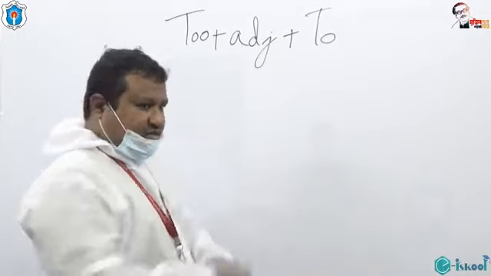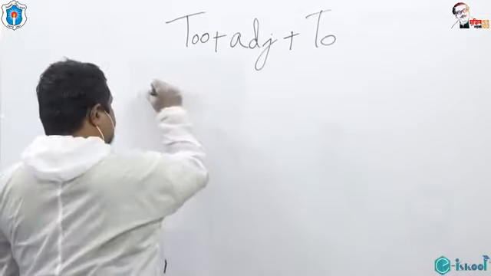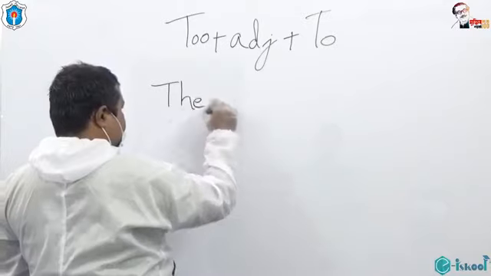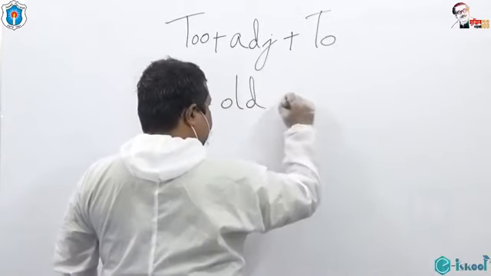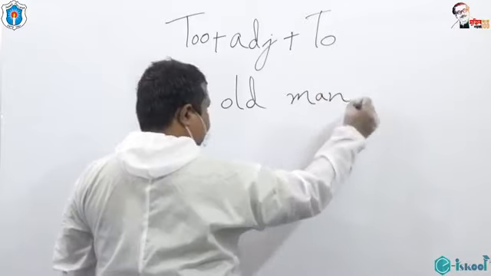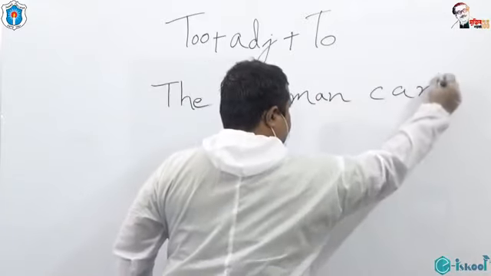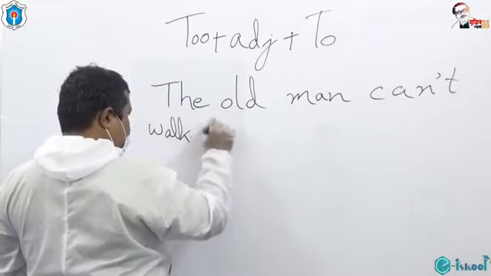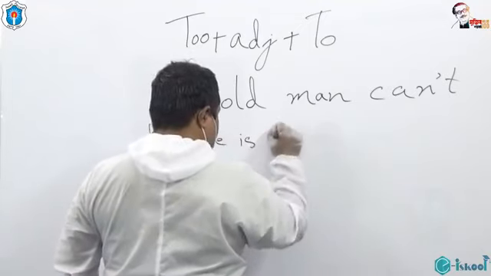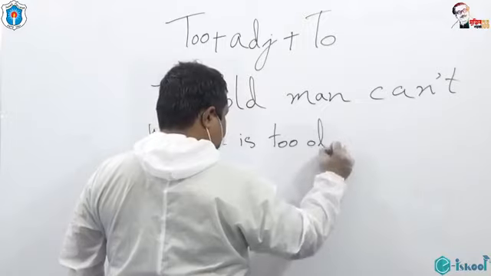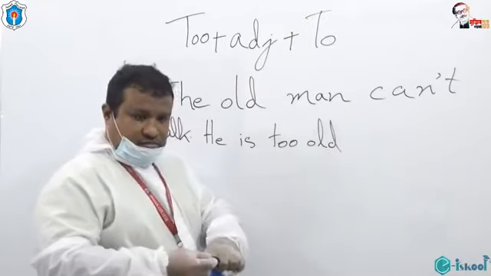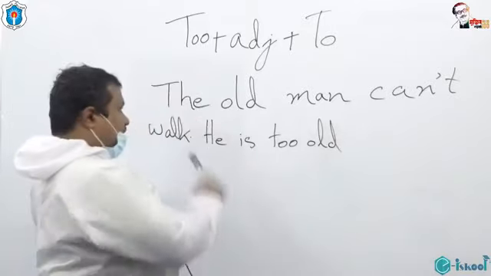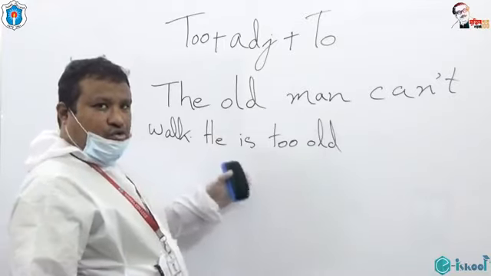Let's have an example. Suppose this is the incomplete part and you have to complete this part. The old man can't move, he is too old.